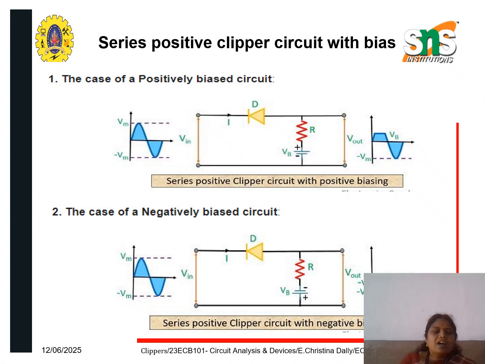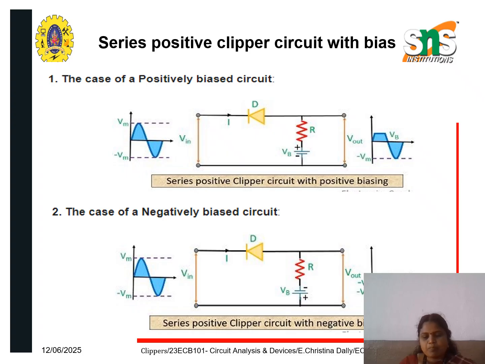This is the series clipper circuit with bias, in the case of the positively biased circuit and the negatively biased circuit. We apply the input signal and the same diode is used, but there is only one difference, which is that the supply gets changed.